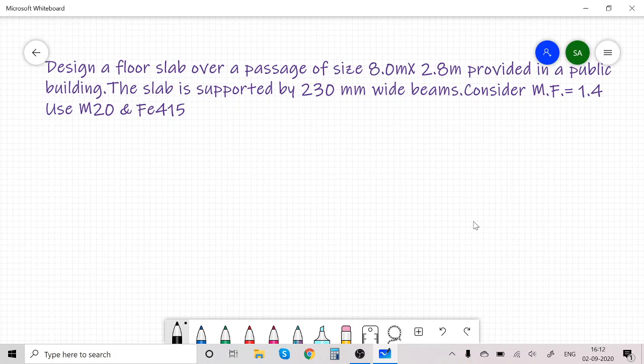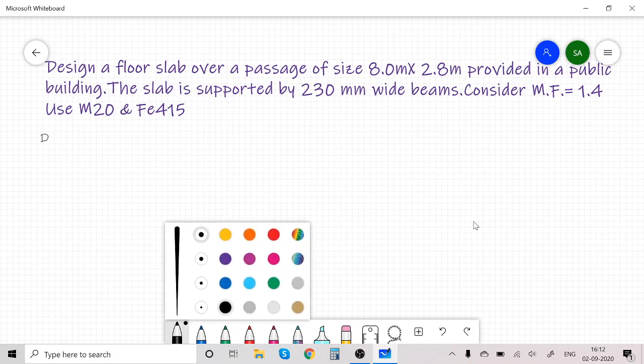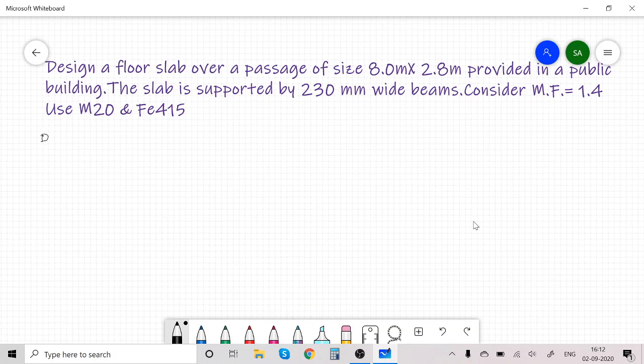So I will write data. Design a floor slab over a passage of size 8 meter. So longer dimension Ly is 8 meter. Shorter dimension Lx is 2.8 meter, provided in a public building.